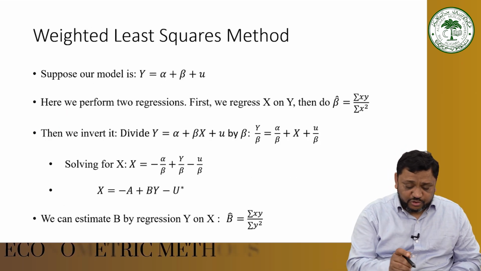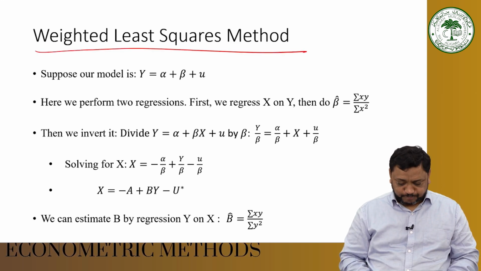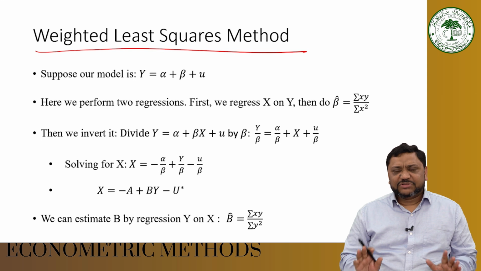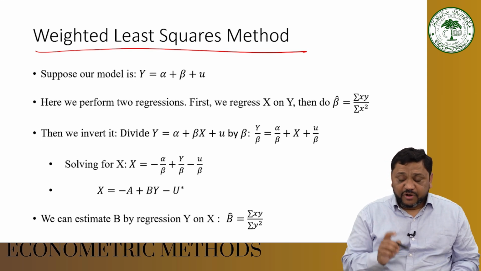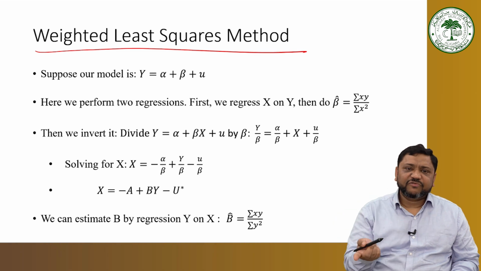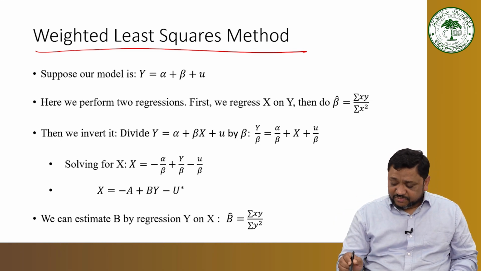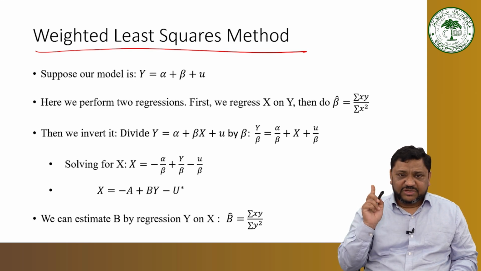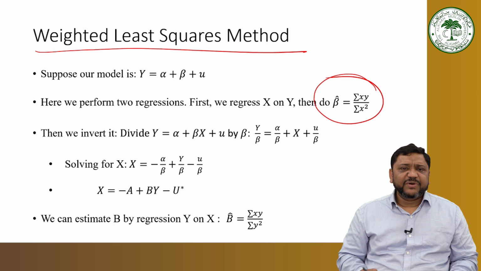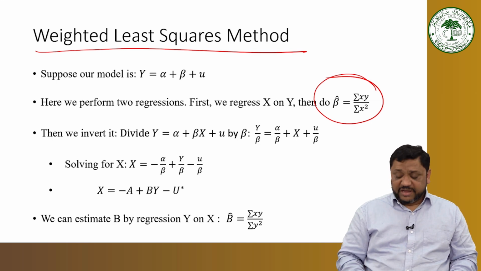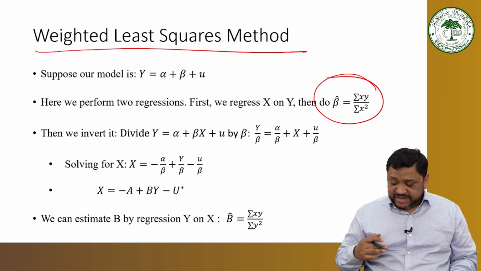Next, we go to the other method that is called the weighted least squares method. Suppose our model is y is equal to alpha plus beta x plus u. We perform two regressions. One is x on y and the other one is y on x. So we are doing the inverted least squares, the first method which we have discussed. We first get the value of beta hat when we regress y on x, that is summation small xy divided by summation x square.